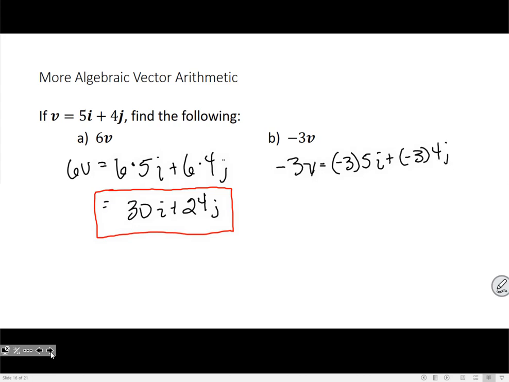Okay, but negative 3 times 5 is negative 15, so I get negative 15i. And then negative 3 times 4 is negative 12, so that gives me negative 12j. And that is vector arithmetic.